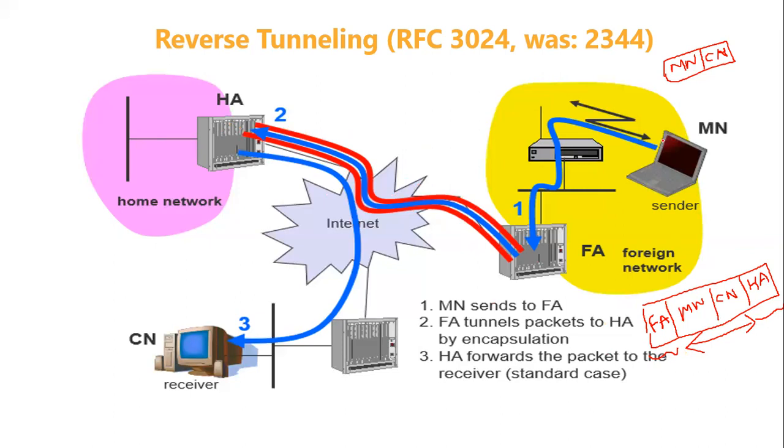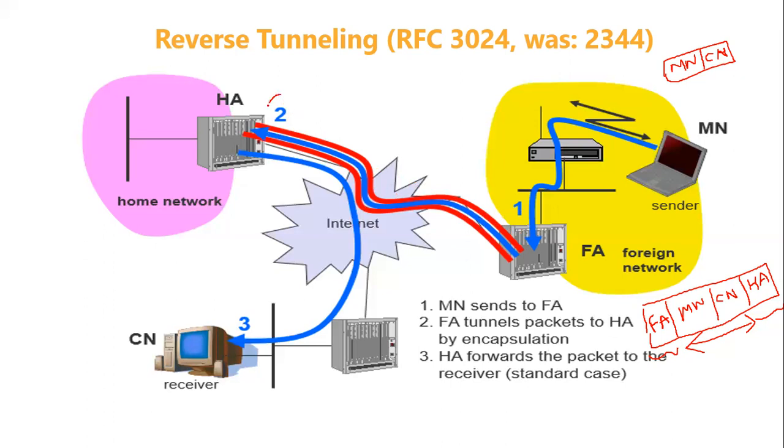So there is one hop from MN to FA, the foreign agent. The second hop is from FA to HA. But actually, this is a tunneled communication. Internally, it may communicate through several nodes, but logically it is treated as just one hop.